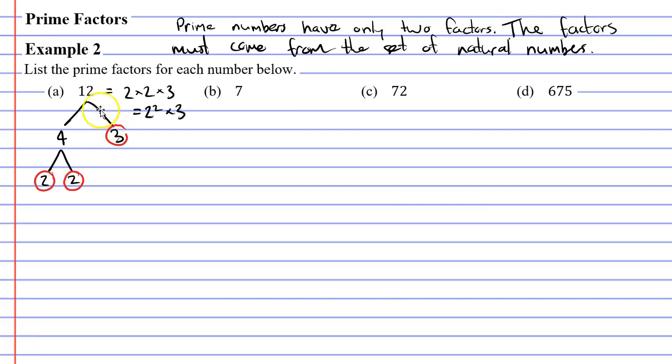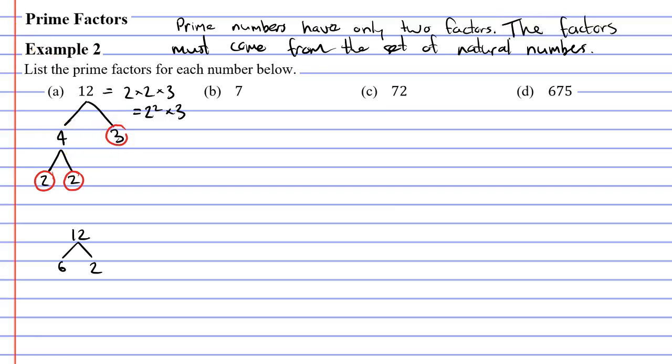Now some of you might be wondering, is it possible to come up with a different list of prime factors? For example, if I started at 12 and branched out with 2 different factors this time, 6 and 2 makes 12. This is different to what I did before. I did 4 and 3.